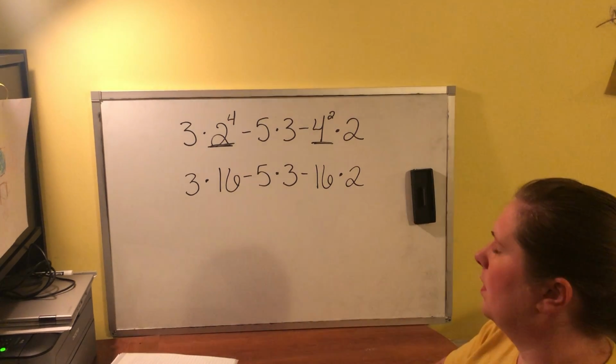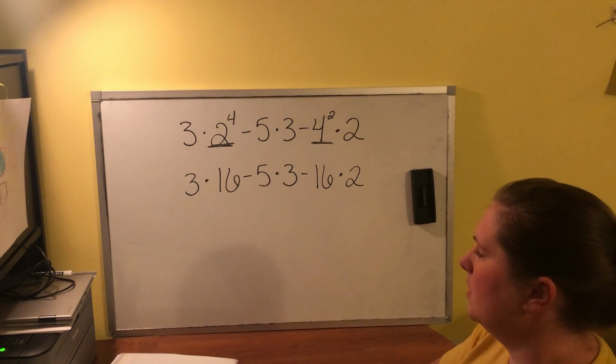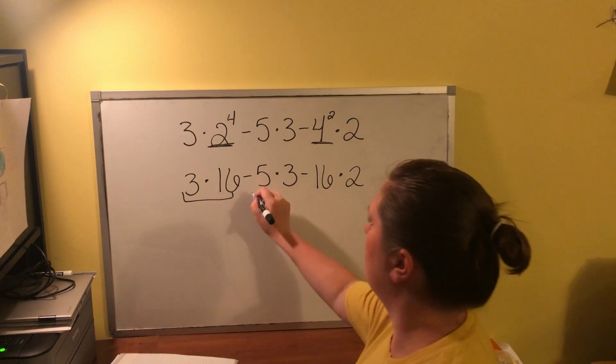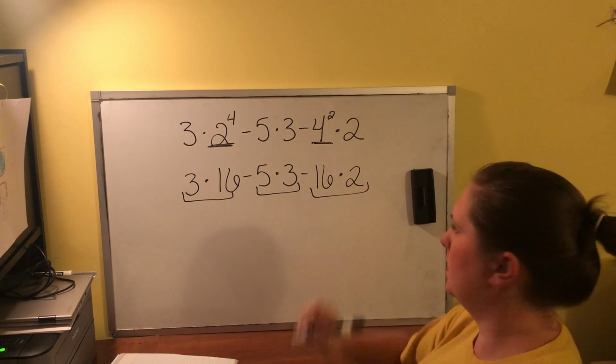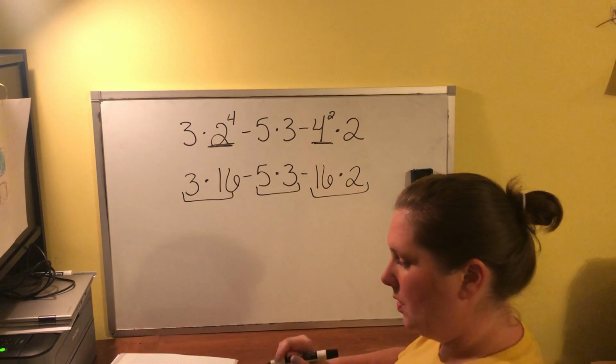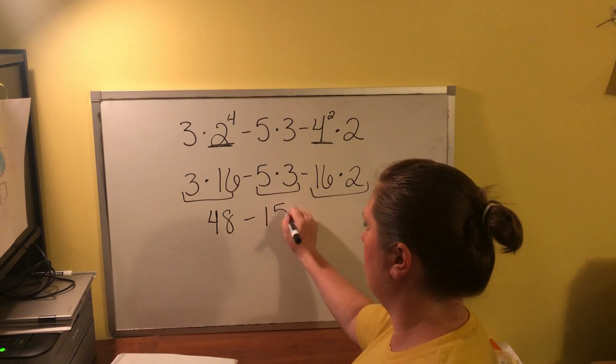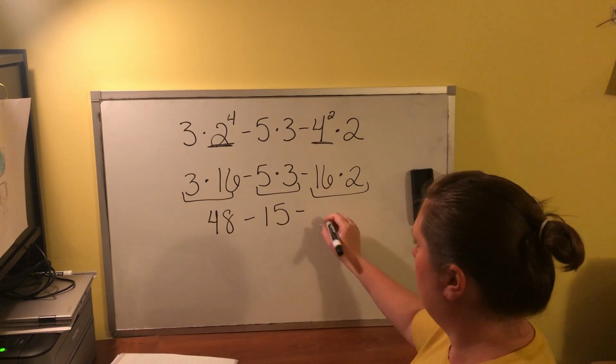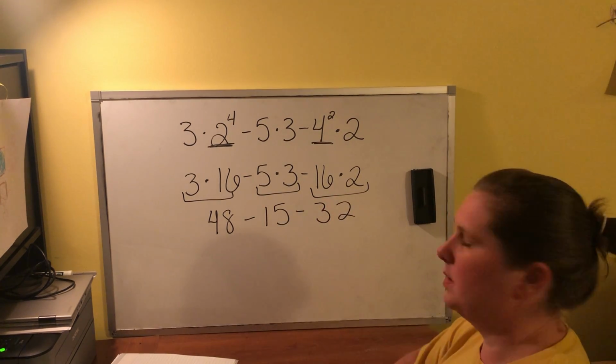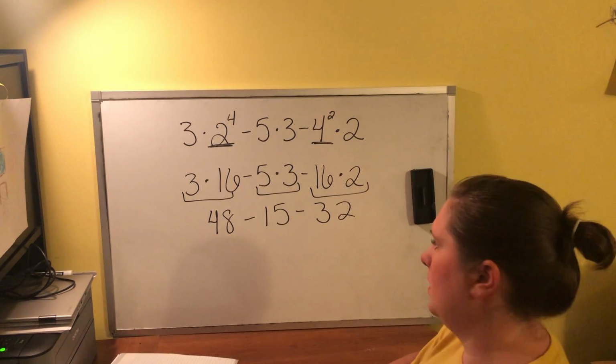Okay? Order of operations. Now we're looking for multiplication or division. I have multiplication here, multiplication here, multiplication here we're going to handle. So I'm doing 3 times 16 gives us 48, minus 5 times 3 is 15, minus 16 times 2 is 32. Okay, now we're looking at addition, subtraction.